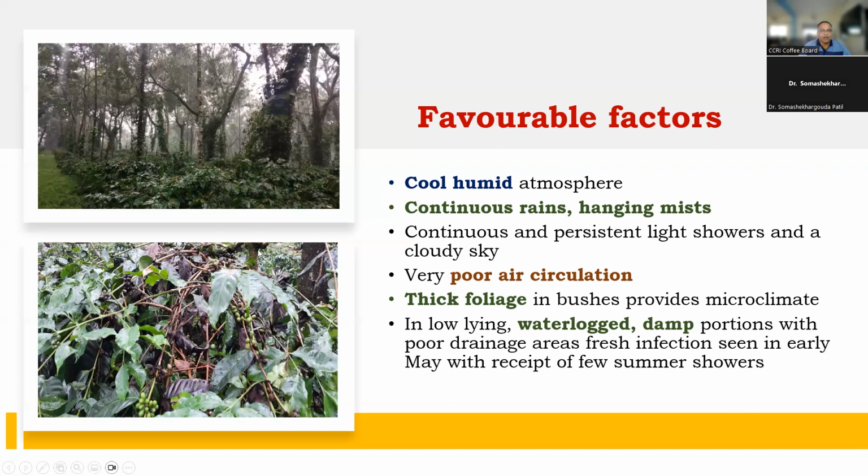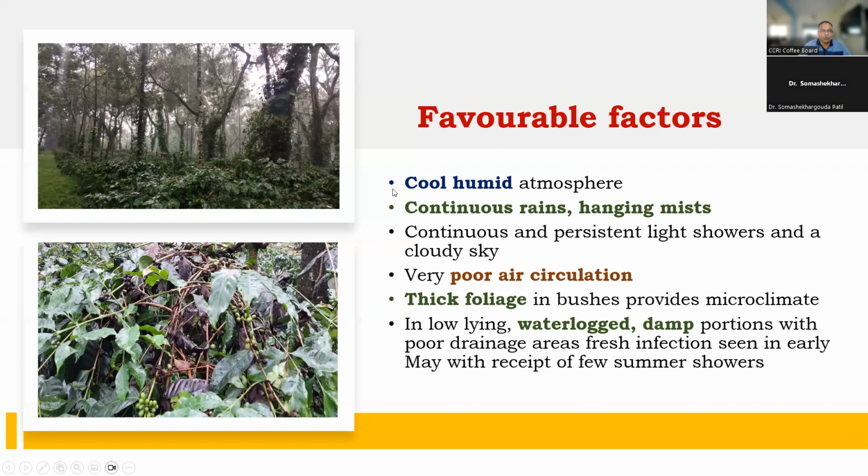This disease also becomes severe wherever the estates have mists, especially in hilly regions, hilly tracts, as well as valley regions. Wherever hanging mist is there, this pathogen becomes very active.